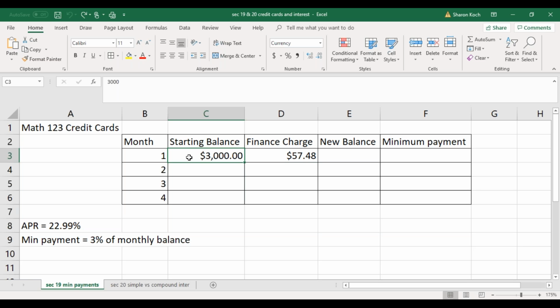Now I formatted this for money, so I'm right-clicking on this. It usually takes a while to come up once you right-click. I'm showing you how I formatted this box.